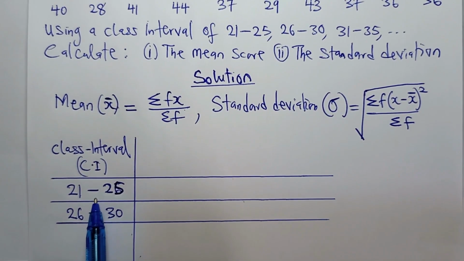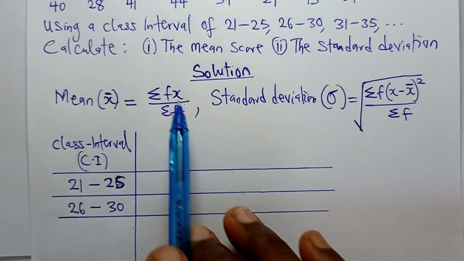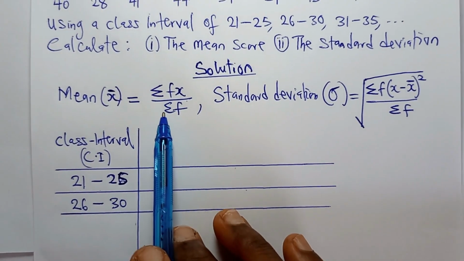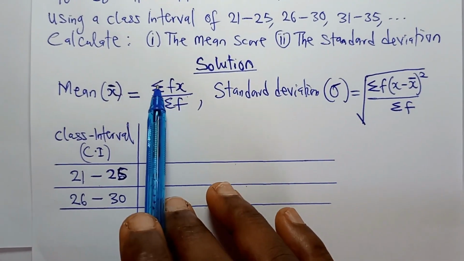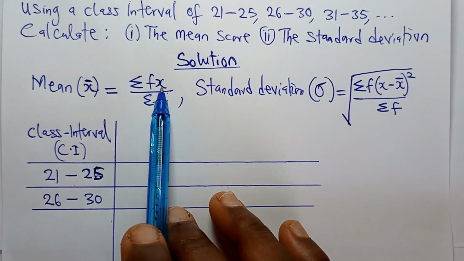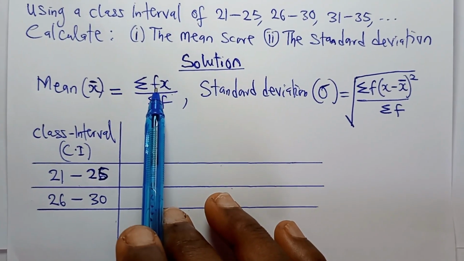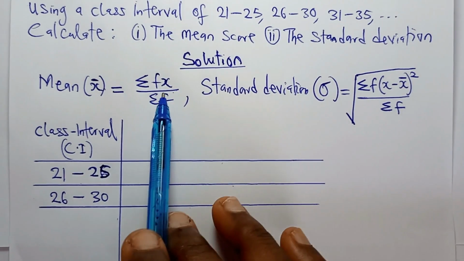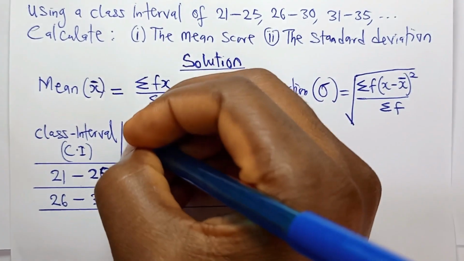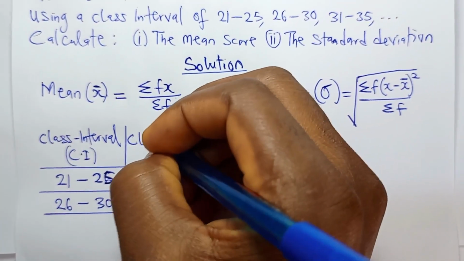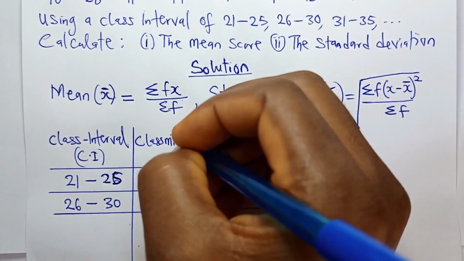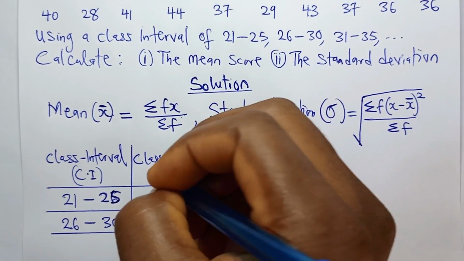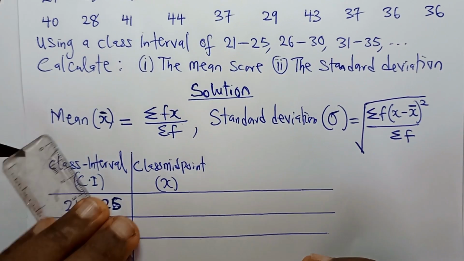After class interval, in this formula, we are told to add the total of fx. So we need x and we need f. What is x? X is called the class midpoint. I will show you how to get it.